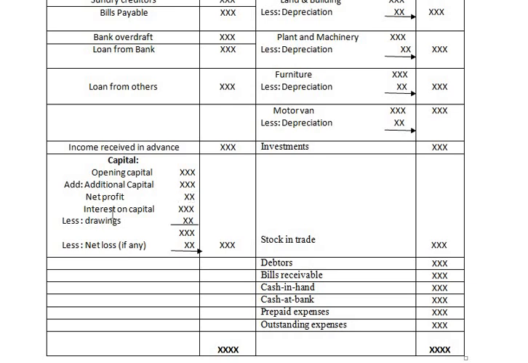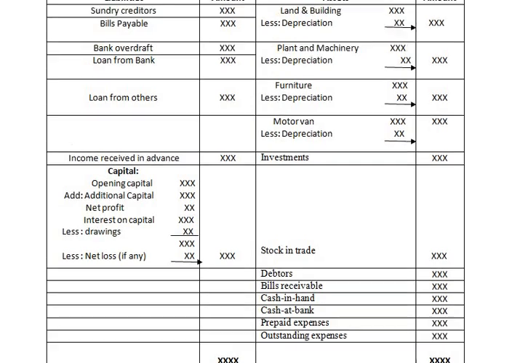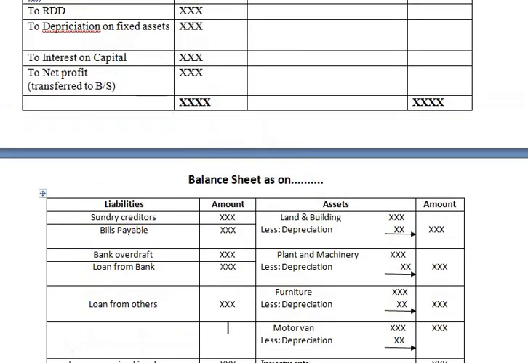Next you add interest on capital, additional capital plus net profit. Net profit is the one which has been brought from the profit and loss account. I'll just show you here. See, this is the net profit, which is written to transfer to the balance sheet.